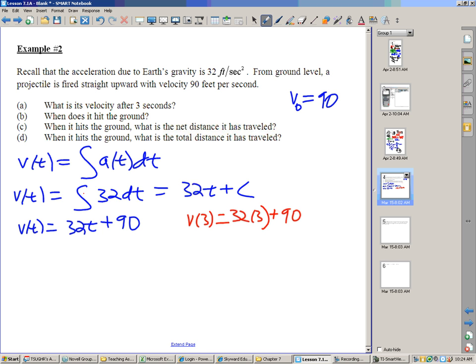So this is negative because the acceleration due to Earth's gravity is negative, which means that the velocity at time 3 is negative 96 plus 90, or negative 6 feet per second. It's velocity, feet per second. That's the velocity at time 3. Okay, questions on that one?